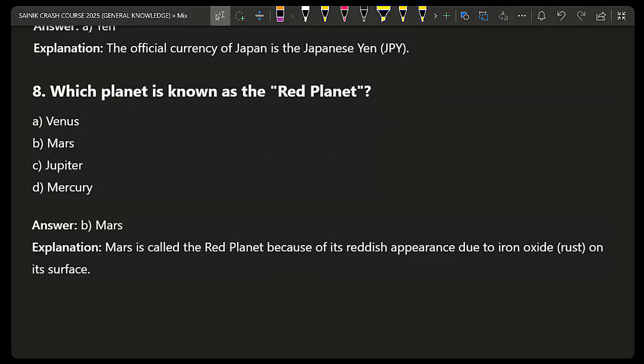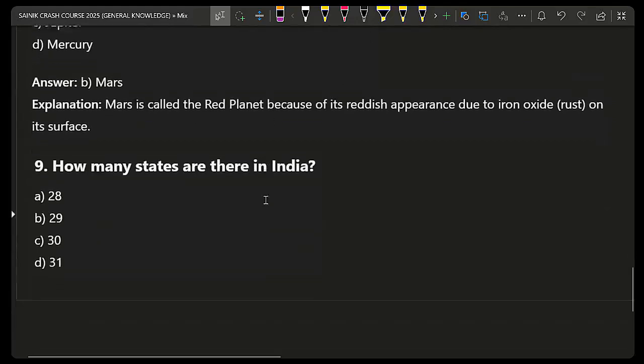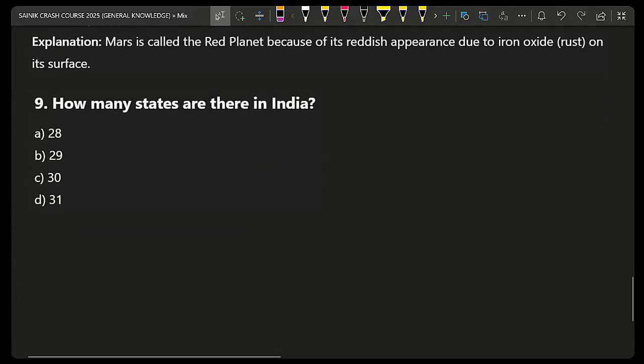Simple question. Yes, let us see how many have the correct answer. How many states are there in India at present? Poll started.